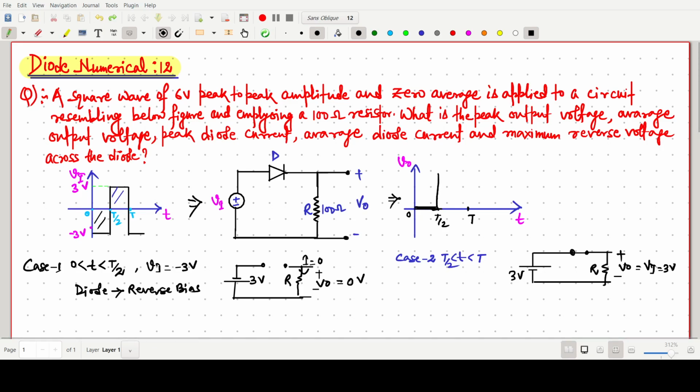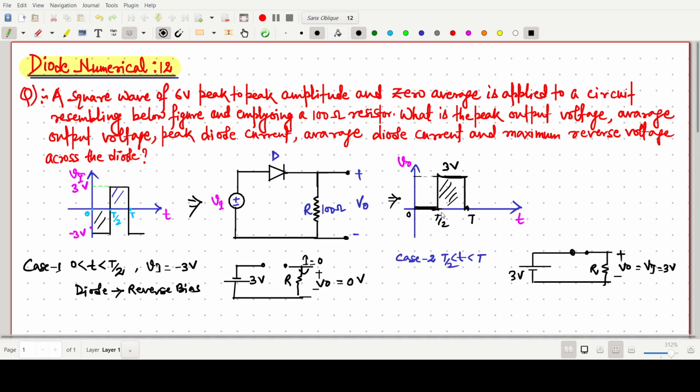So we have to draw it like this. This one is our 3 volt, and this one is the output response. The width is more, but this is just for representation. T by 2 to T, it is 3 volt. So this is the output waveform for this circuit.